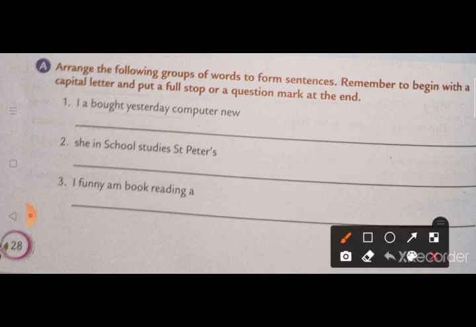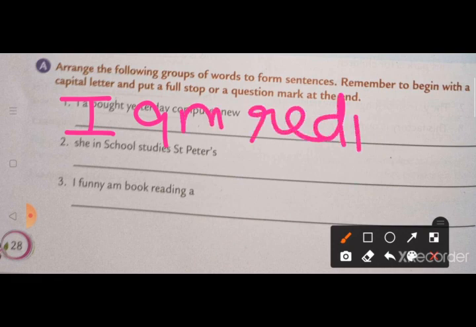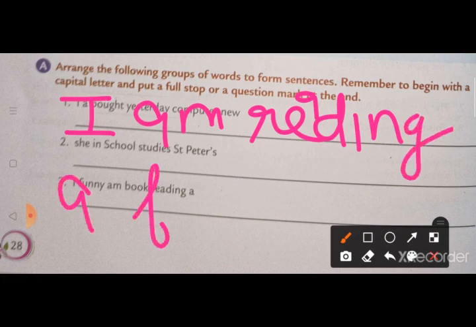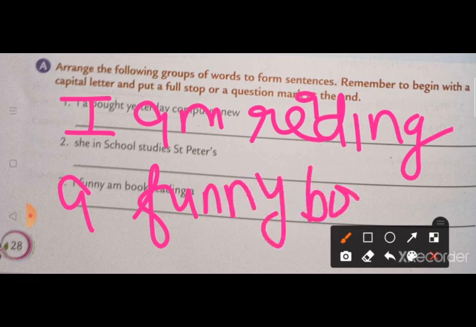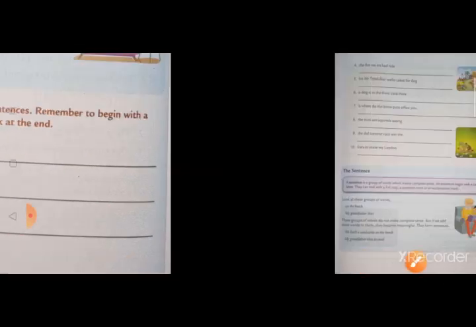So here we are going to again arrange it in a proper way. So we are going to write I am reading a funny book. Full stop. Let's see the next one.